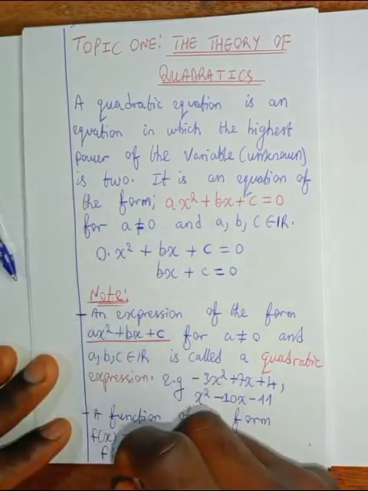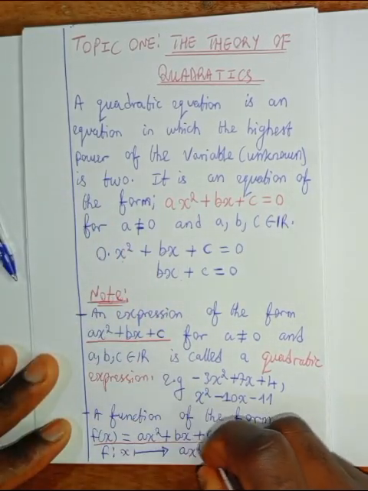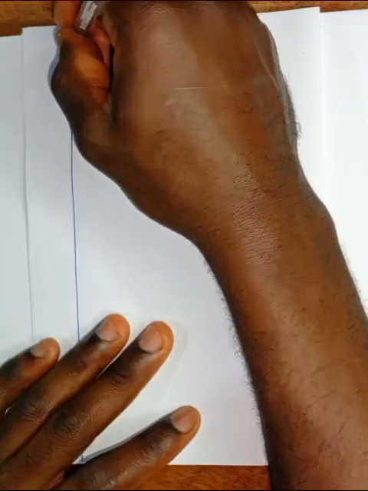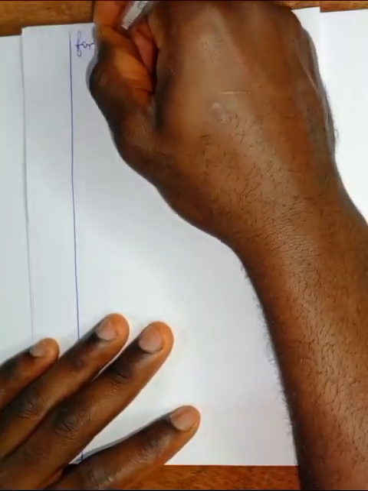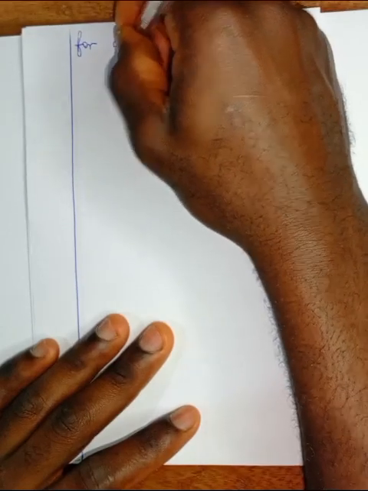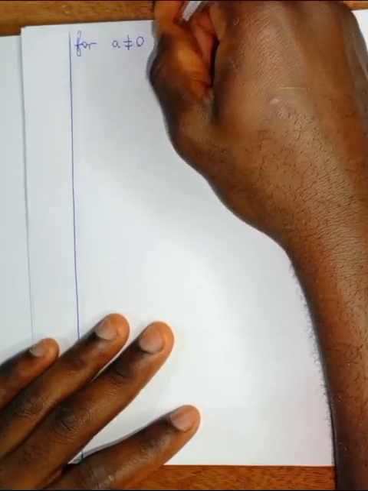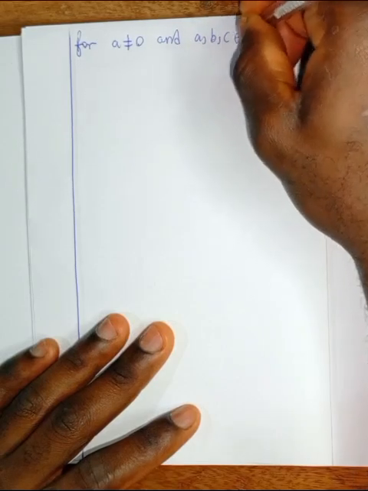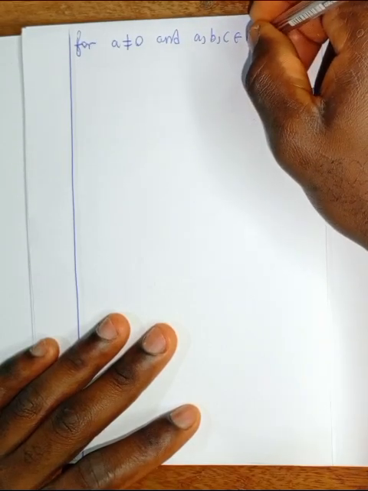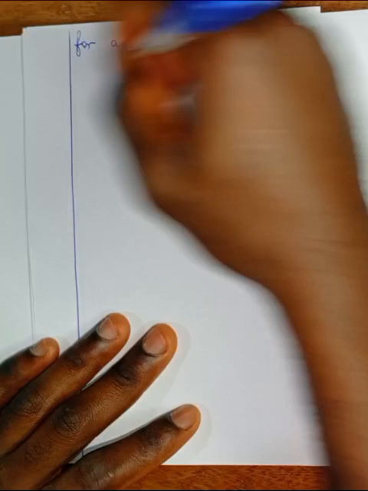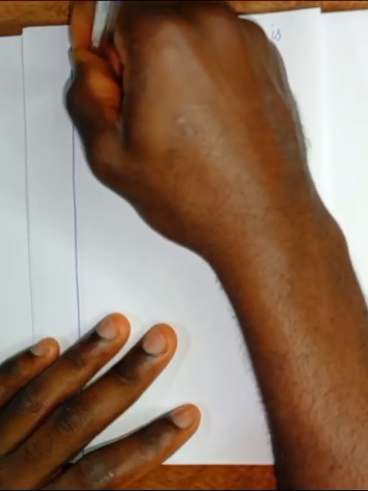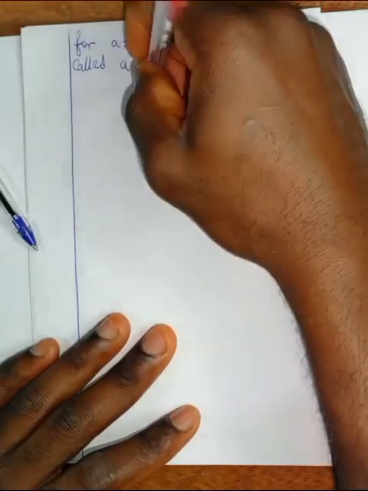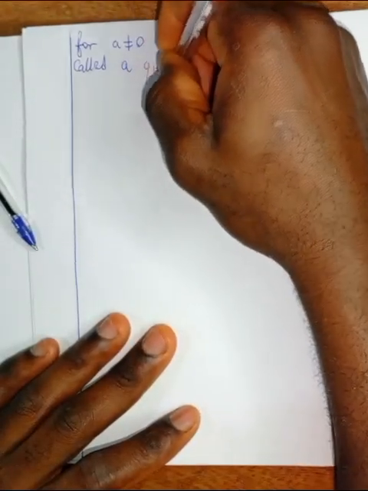I will underline these functions. For a not equal to 0 and a, b, c belonging to the set of real numbers is called a quadratic function.